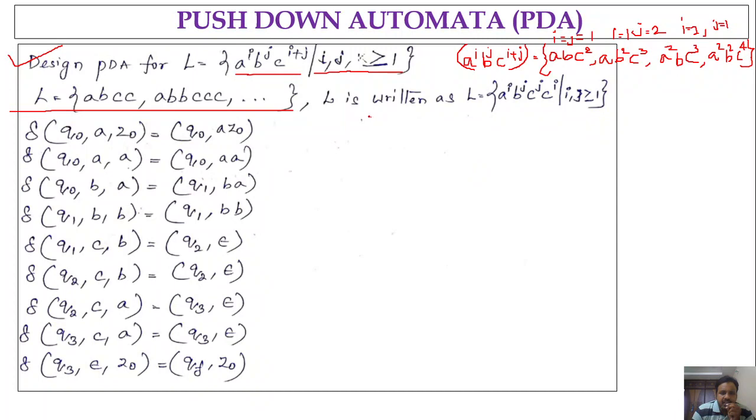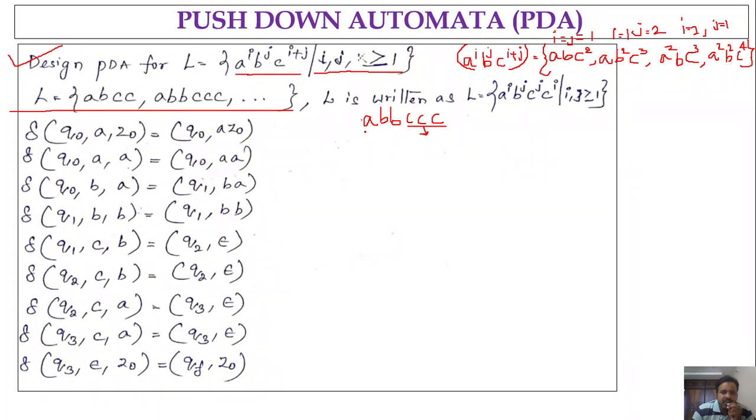If you observe the strings, let me take the smallest string here: a b b c c c. Here the number of c's will be the sum of the number of a's and the number of b's, right? So how could we match the number of occurrences of a and b along with the number of occurrences of c's?